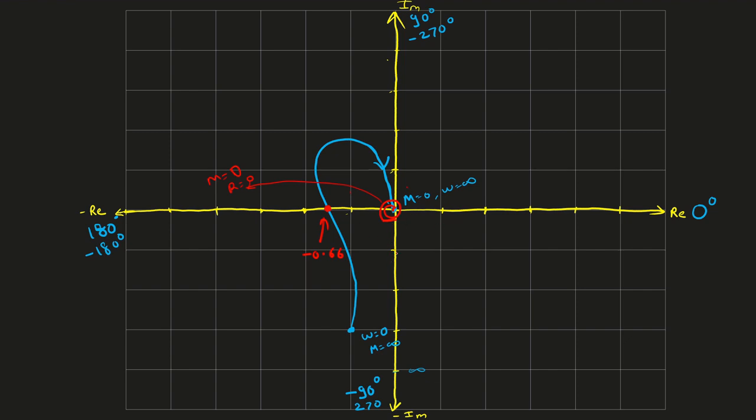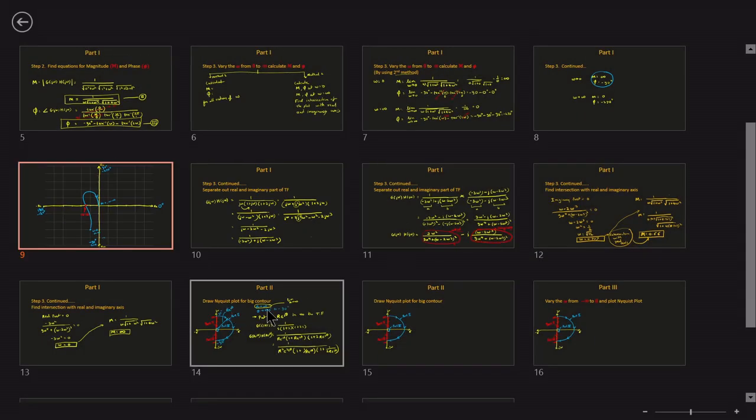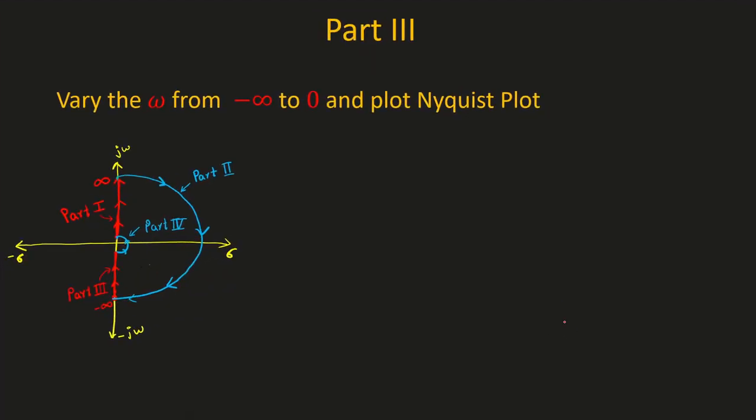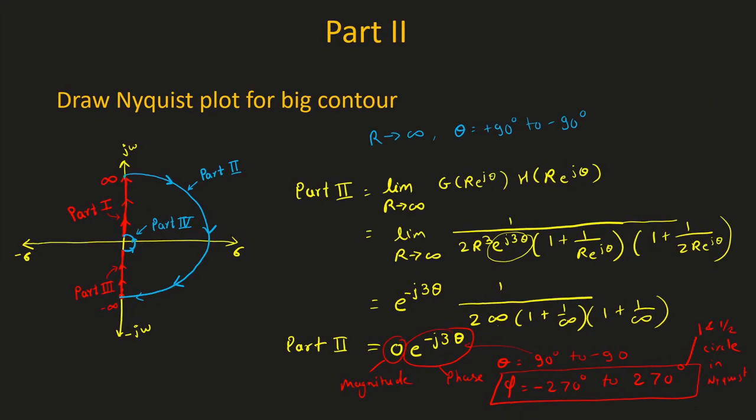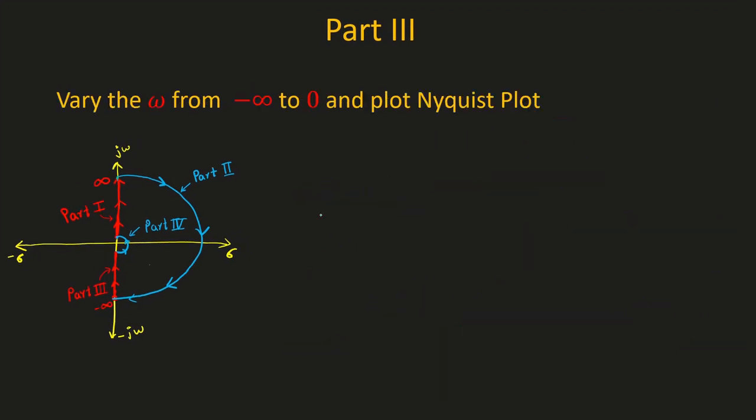Now we'll jump to our next part, that is part number 3. Part 3 here is where it's mapping from minus infinity to 0. This particular part number 3 is where omega is varying.